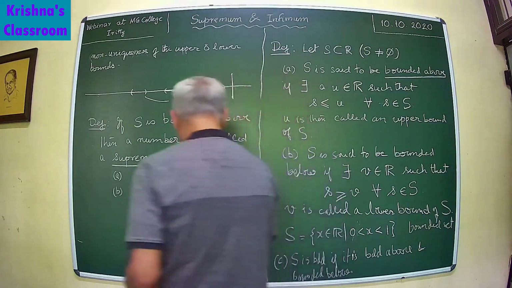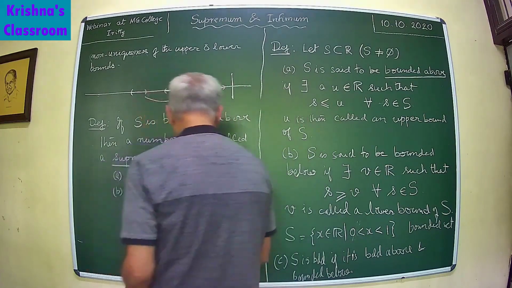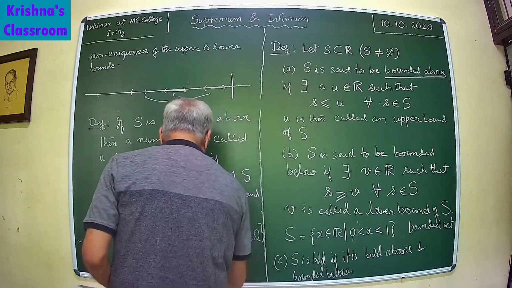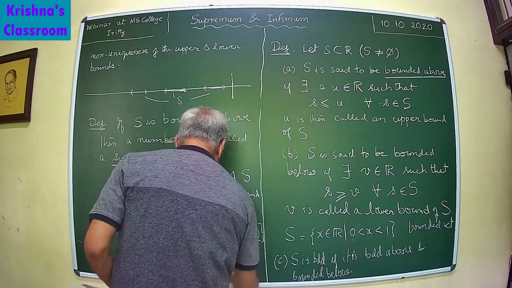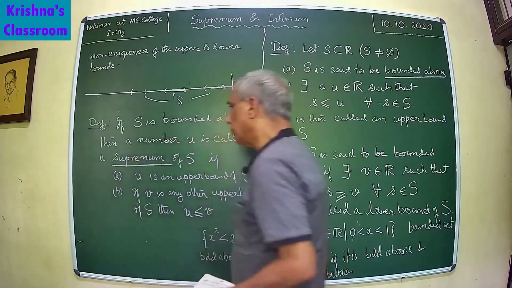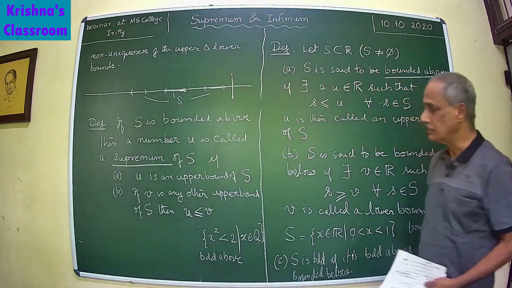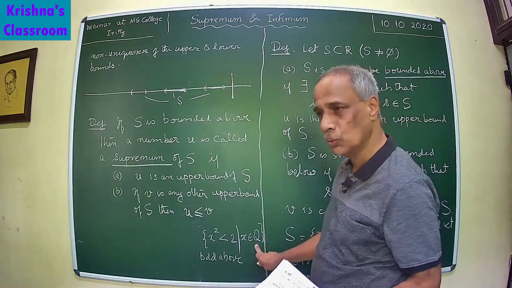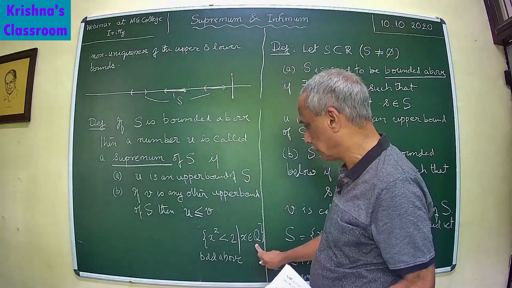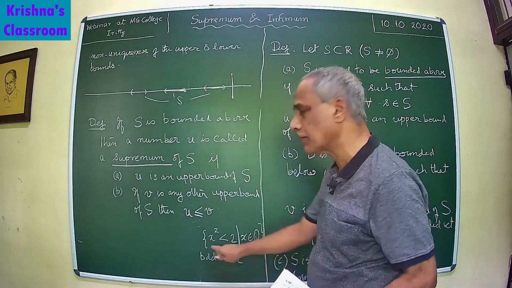Look at this set. Now we will show that this is bounded above. But as we have seen, there does not exist in Q a least upper bound for this.